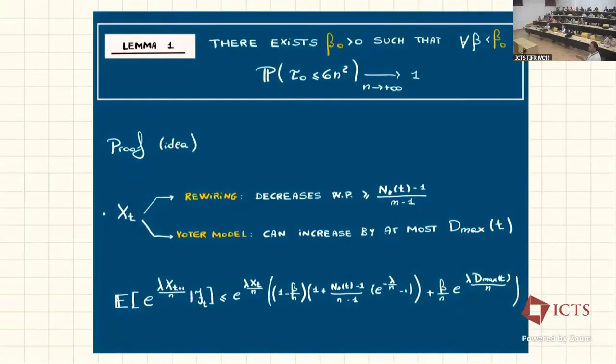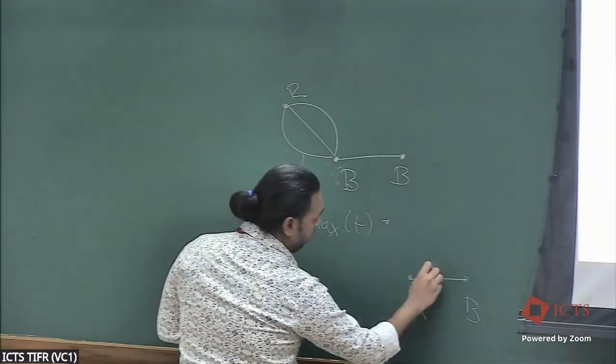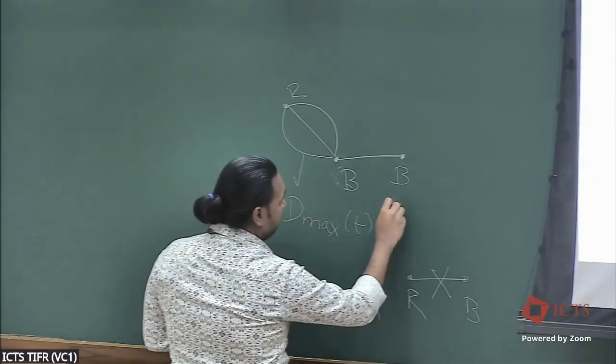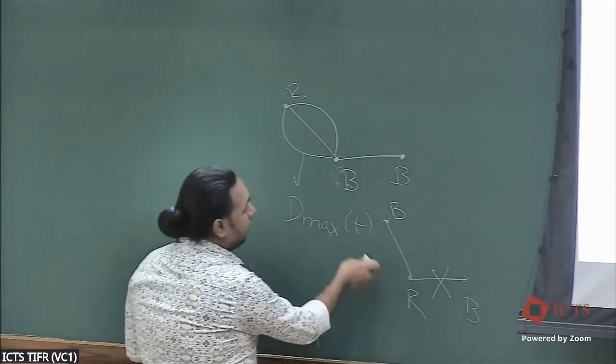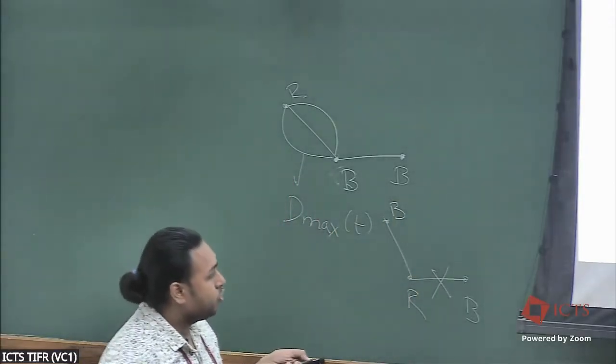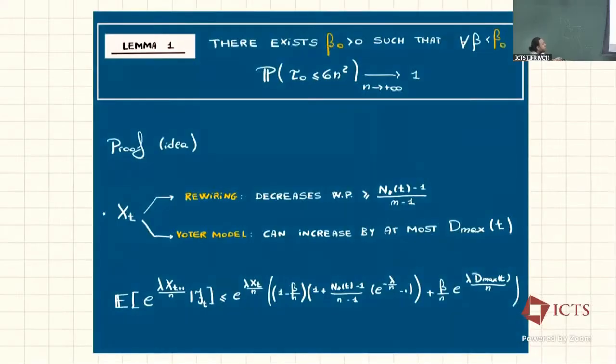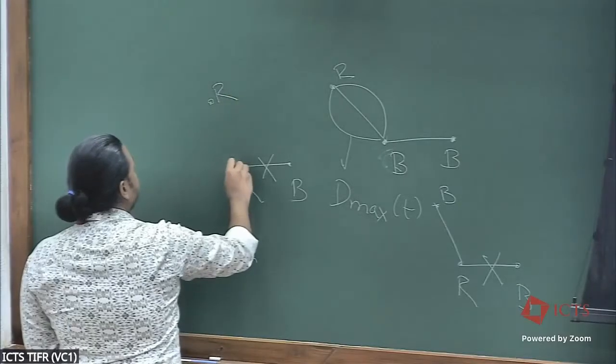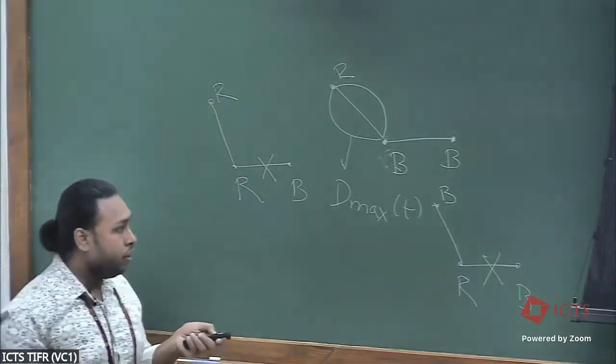And for the rewiring step, what can happen is that it is red, it is blue. Suppose you remove this edge and again connect with a blue vertex, then the number of disagreeing edges remains the same. So this is the first part. And then it can happen that the number of disagreeing edges decreases. Suppose this is red and this is blue, you remove that edge and you connect with a same-opinion vertex, right?